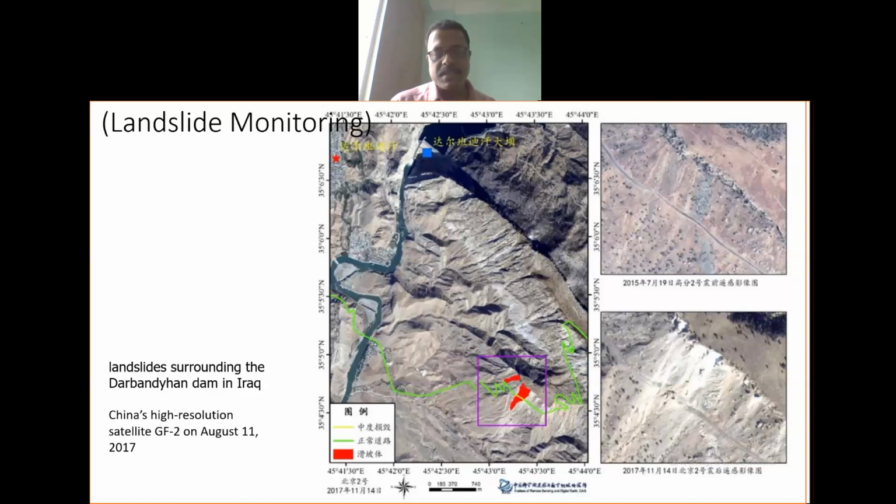This is a satellite image captured by a Chinese satellite known as ZY2, but the scene is not from China. It is coming from a dam in Iraq. Here you can see the lake where the dam is constructed, these two red areas, and a road leading to the dam.